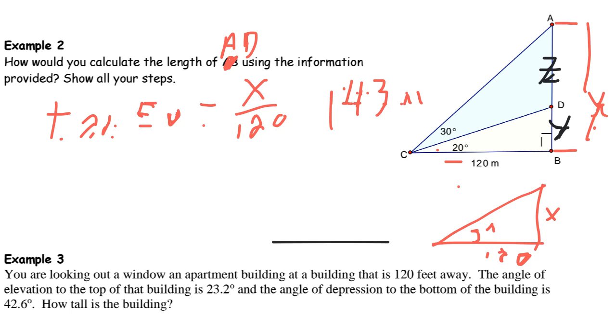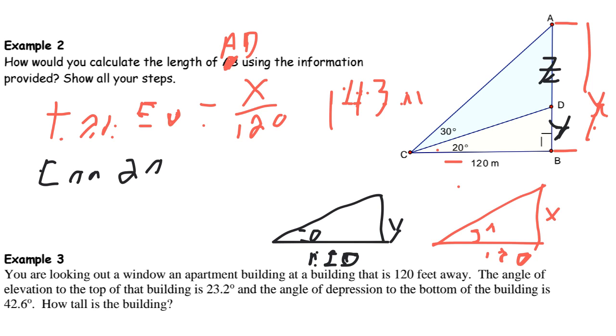So that triangle is a 20 degree with a 120 side, and I'm looking for Y. So tangent of 20 equals Y over 120. 120 times tangent 20 is 43.67, so we're going to call it 43.7 meters.